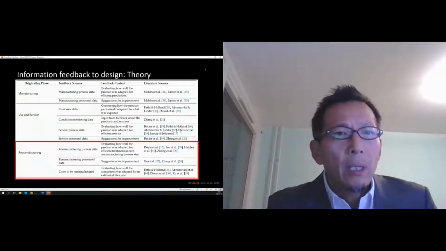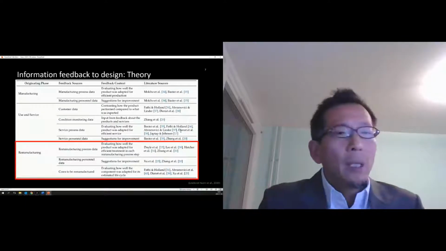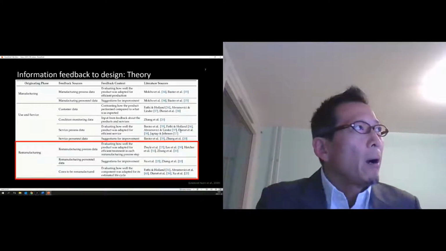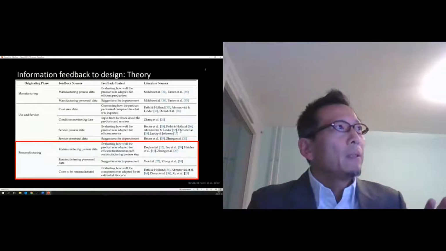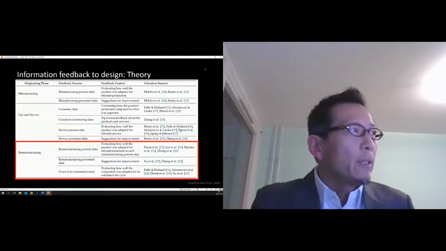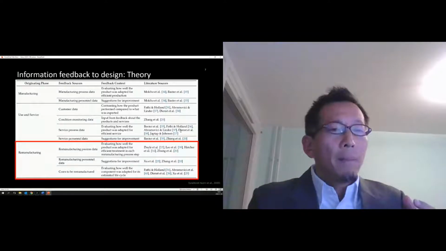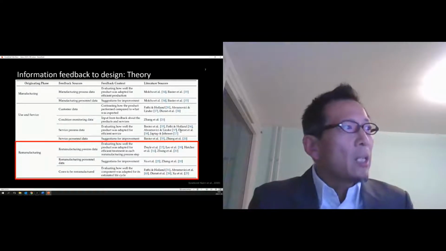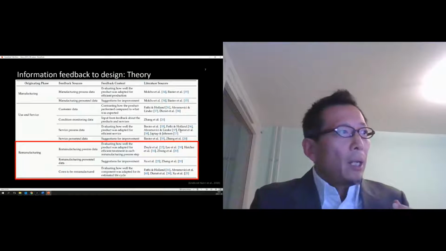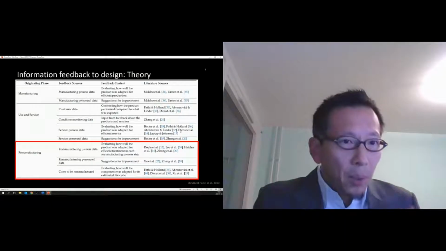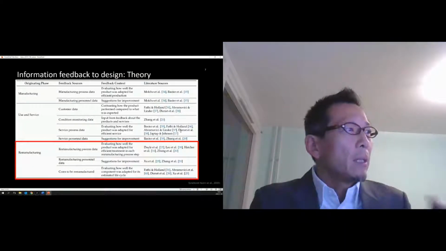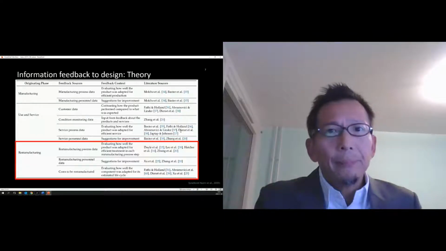So as you can see at the bottom concerning Reman, there are different types of feedback in terms of contents and also sources of the information, such as data about the Reman process as such, and the data that the Reman personnel has, and so on.